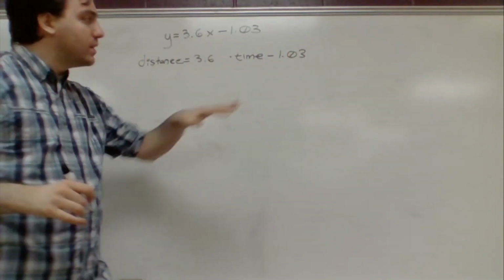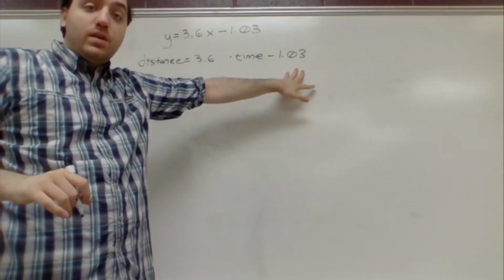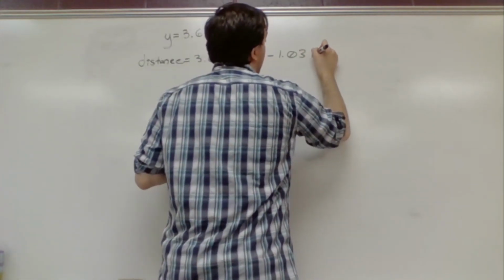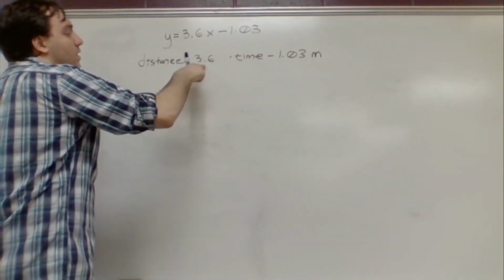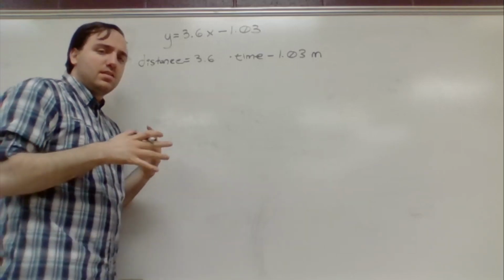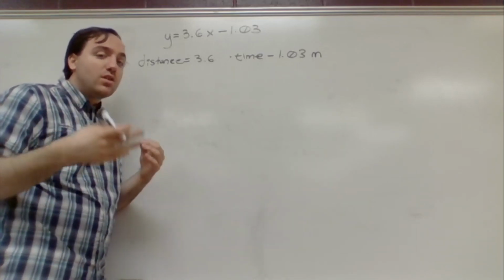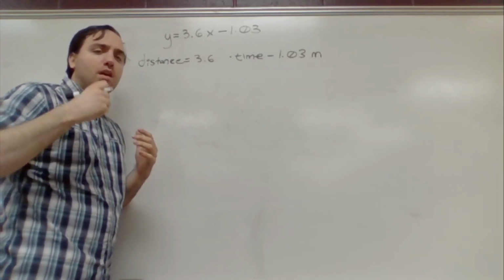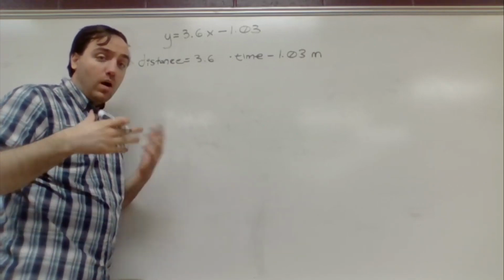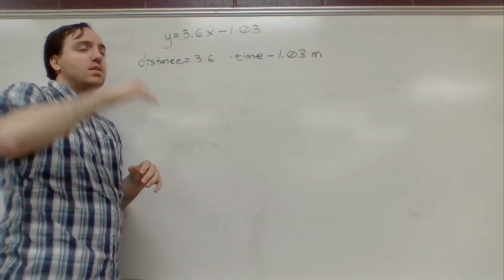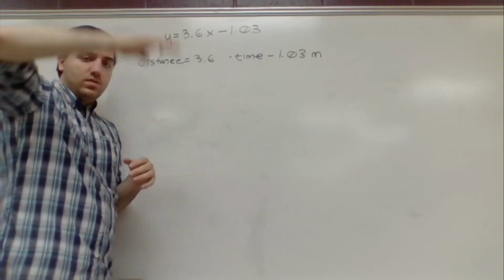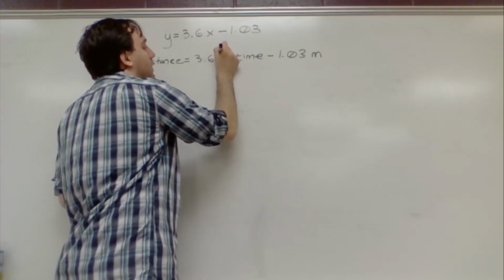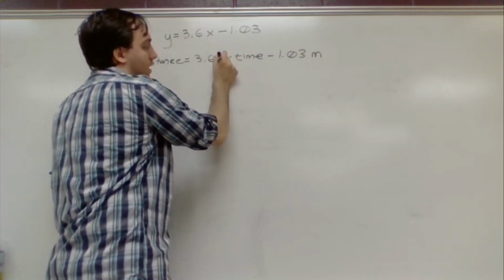When we use our units, we know the 1.03 is going to be in meters because it is on the y-axis, it's the y value. The 3.6 is a little harder. It's a slope, it has units dependent on the change of the y over the change in x. So it's going to be meters, which is your y values, change in y, over seconds, your change in x. This is going to be in meters per second.